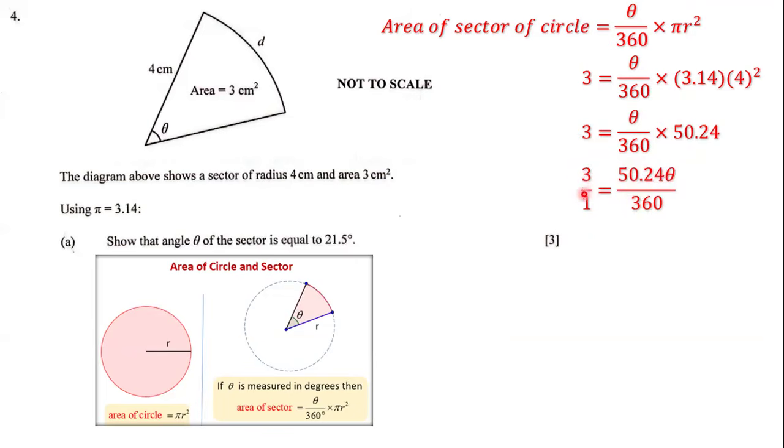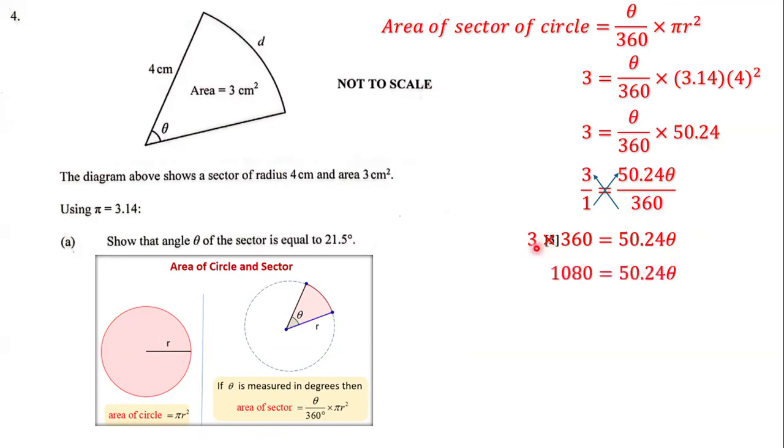And we put the 3 over 1 because we're going to cross multiply. So we say 360 times 3, and we have 1 times 50.24 theta. And so we have 3 times 360 is equal to 50.24 theta.